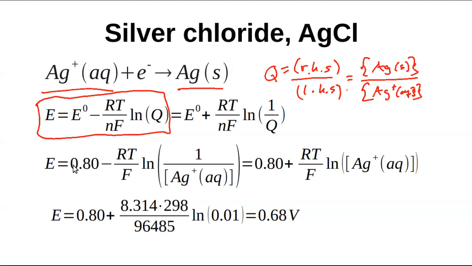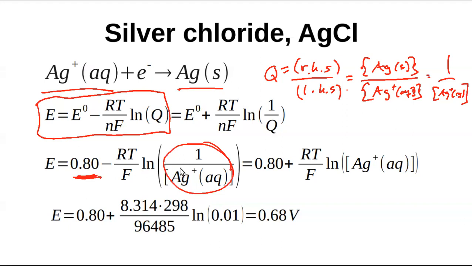So adding the E naught is 0.8 volts that you need to take from tabulated values. RT upon F, n is only 1, so I skipped the 1. Or Q is 1 upon the concentration, or the value of the concentration, which I stated here.